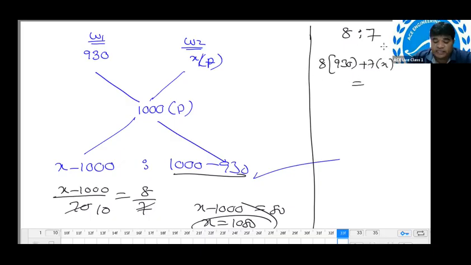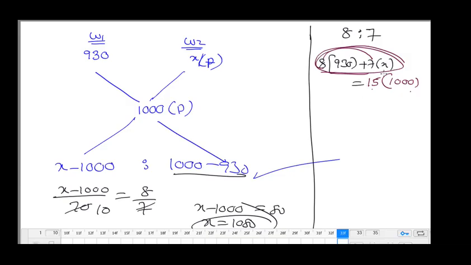After mixing, how many kgs in total? 15 kg. Each kilo costs 10 rupee, which means 1000. So the individual sum is equal to 15 into 1000. Is it right? Sir, please explain once more, I didn't get it.